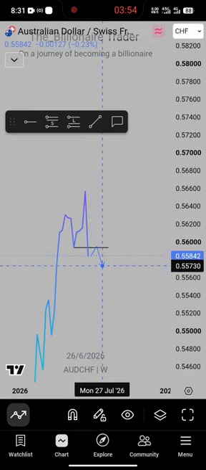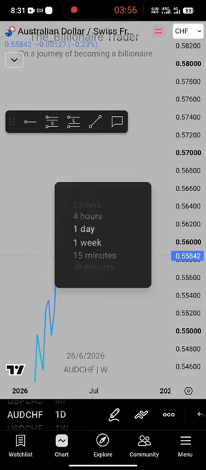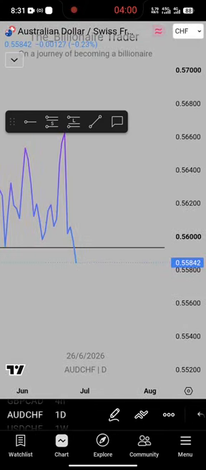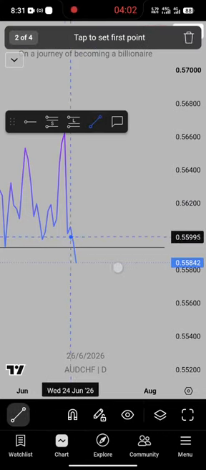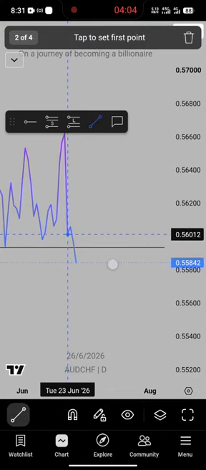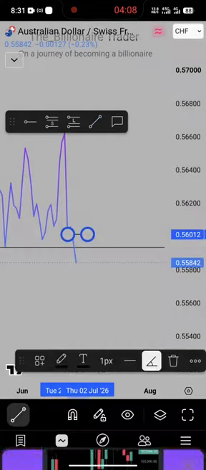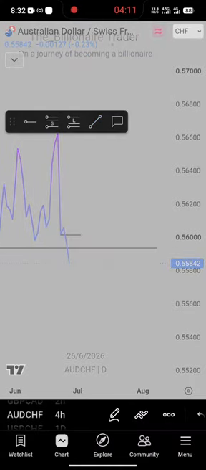Okay, let me go to the daily time frame. Good. So we are bearish on AUD CHF, and we also have a breakout on the daily time frame. So what I will be expecting here, let me go to the 4 hours time frame.